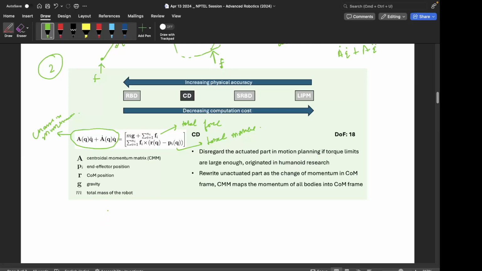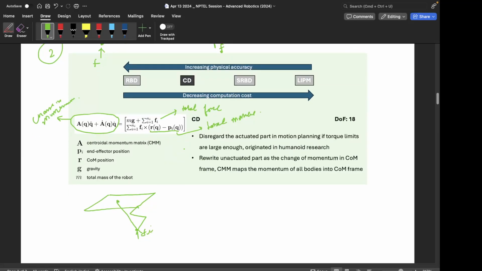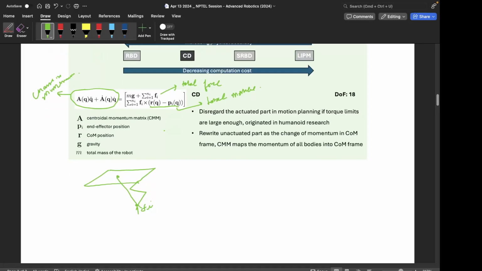So basically, if this is the center of mass and the force is acting here, right? So this distance, the distance of this foot from the center of mass, this is what this term gives, right? And multiplied with the force, right? So r cross f is the torque.